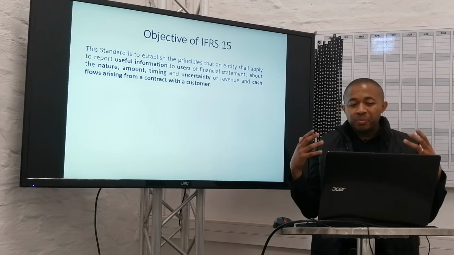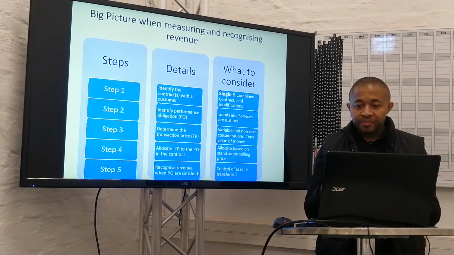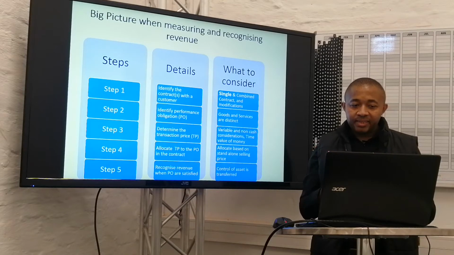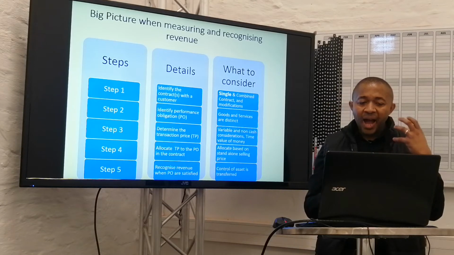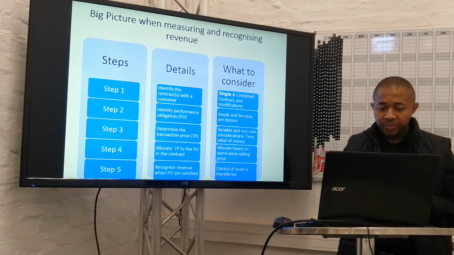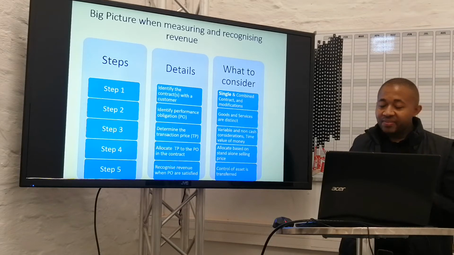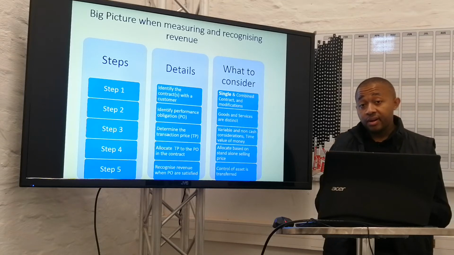Given the objective of revenue as explained, the big picture is, first of all, how do we recognize revenue? To recognize revenue, we use a 5-step model: step 1, step 2, step 3, step 4, and step 5.